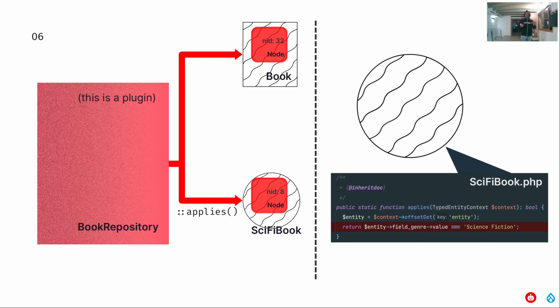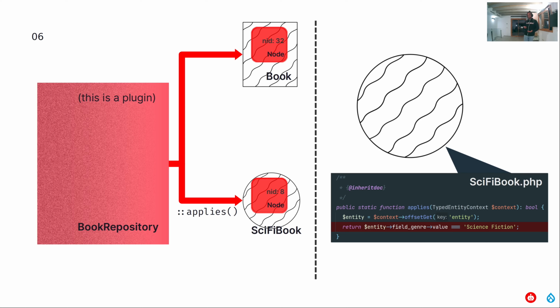In this case, if the field genre is science fiction, yes, this is a sci-fi book, and that's contained in sci-fi book.php. So the book repository will inspect all of the variants in order, one by one, and check for the applies method. And if it does apply, then it will return a book, like still with wavy lines, but in this case it's a little bit different. It's not a rectangle. In this case, it's around the circle, right? Still similar, but not exactly the same.